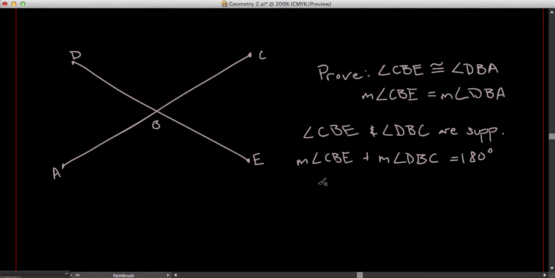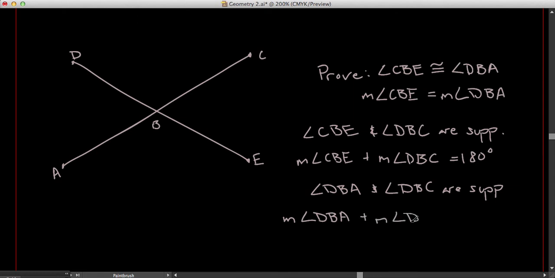We also know that angle DBA and angle DBC are supplementary, right? So if angle DBA and angle DBC are supplementary, which means that the measure of angle DBA plus the measure of angle DBC is equal to 180 degrees.